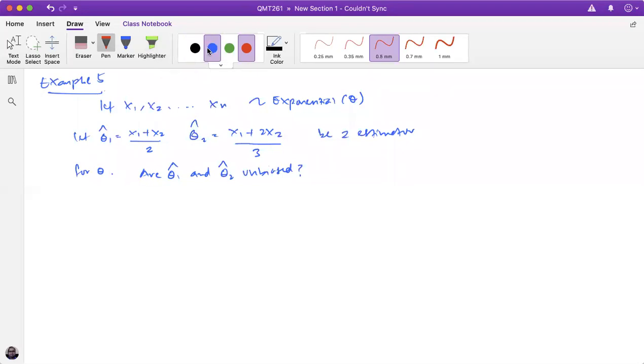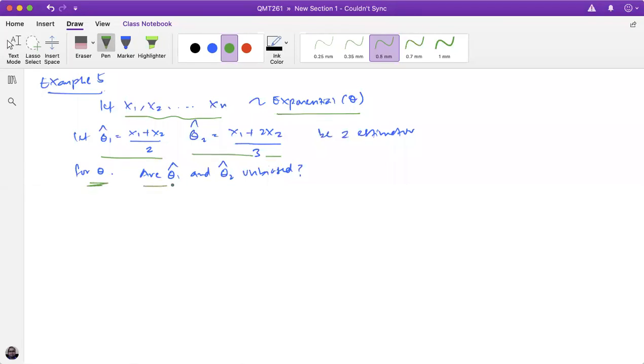Let x1 until xn have an exponential distribution. Now they give us two estimators. Estimator number 1, theta 1 hat is x1 plus x2 divided by 2. Theta 2 hat is x1 plus 2x2 divided by 3, for parameter theta.